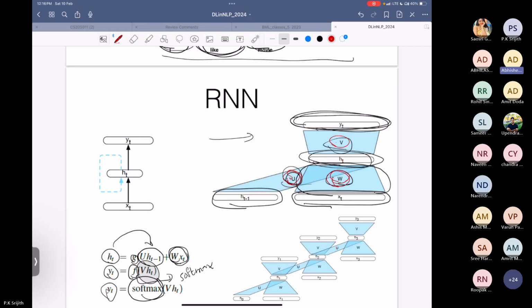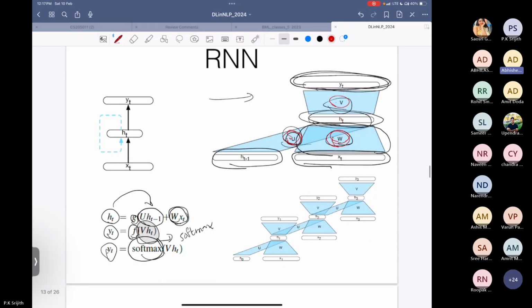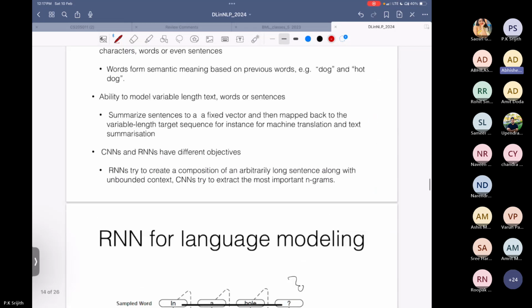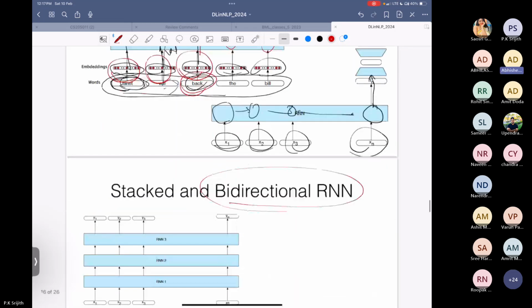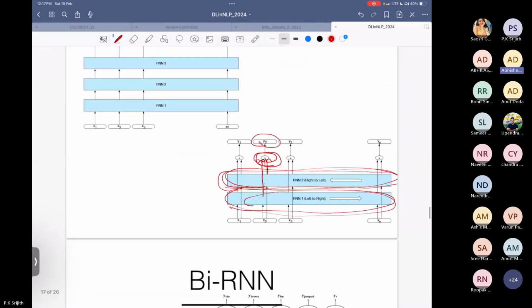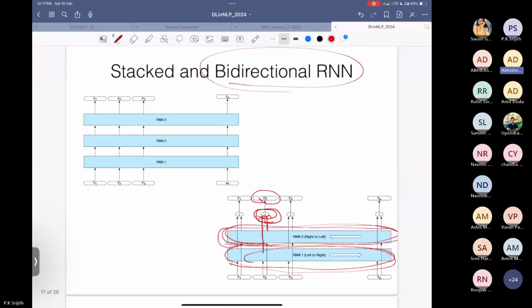Sir, one question on bidirectional RNN. There we saw that it is combining the hidden states, that's the output from both RNNs, right? Or is there any communication between these two RNNs? Like, is RNN1 using the hidden state from RNN2?